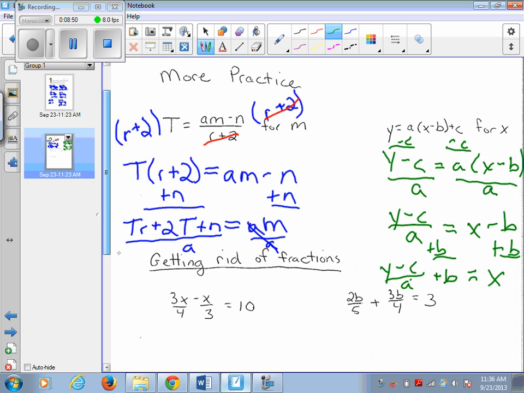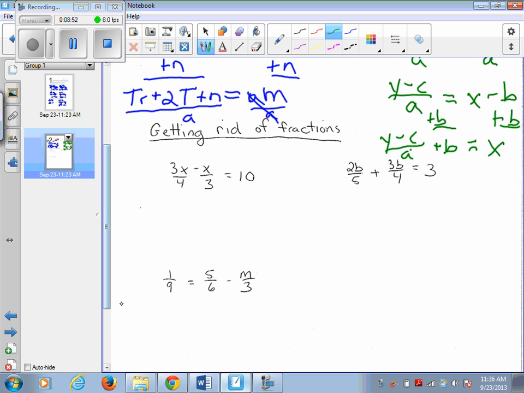So with getting rid of fractions, you're going to find the lowest common denominator and multiply both sides of the equation by your lowest common multiple. Or yes, sorry, I am muttering to myself.